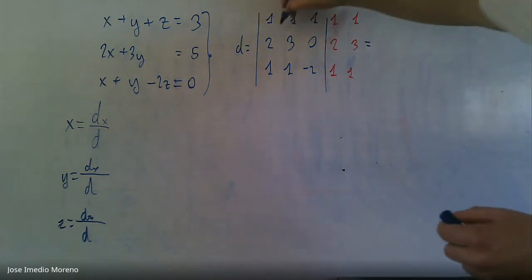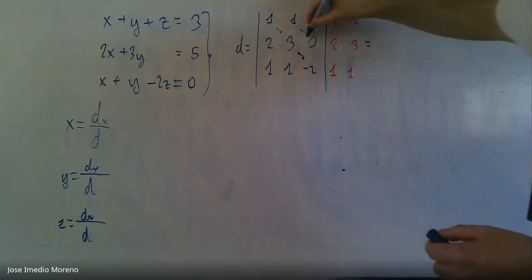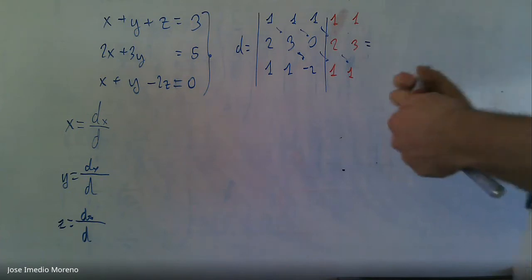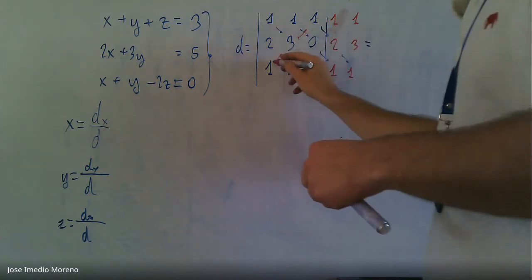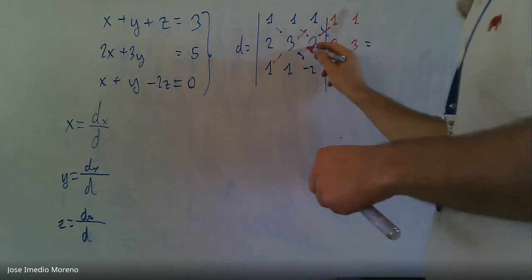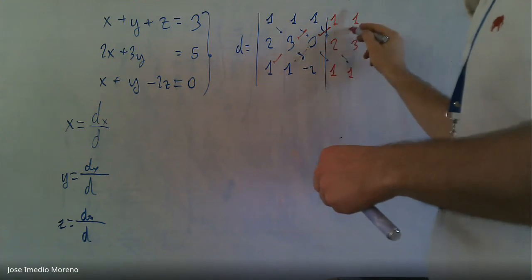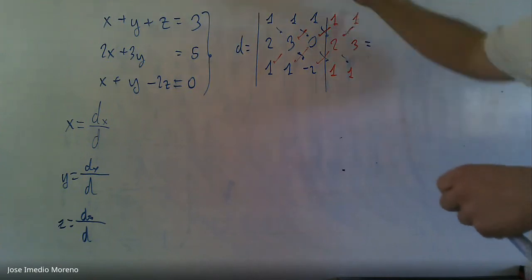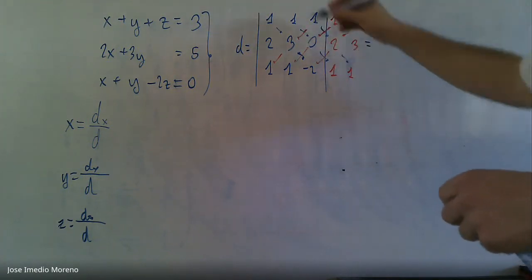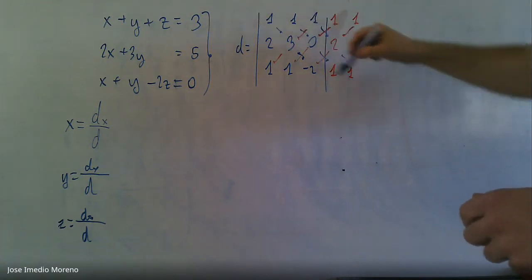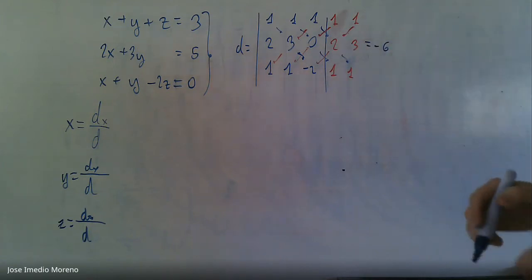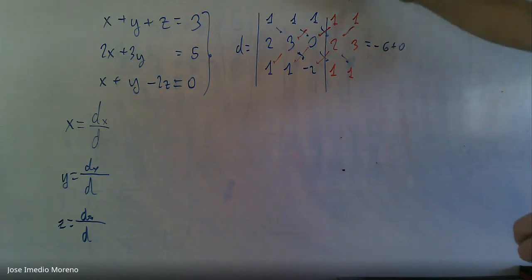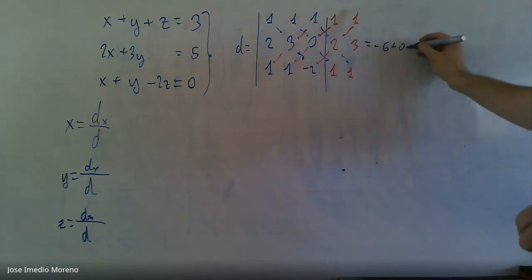As you know, we take the main diagonals, and then the secondary ones. So 1 times 3 times minus 2 is minus 6. 1 times 0 times 1 is 0. 1 times 2 times 1 is 2.